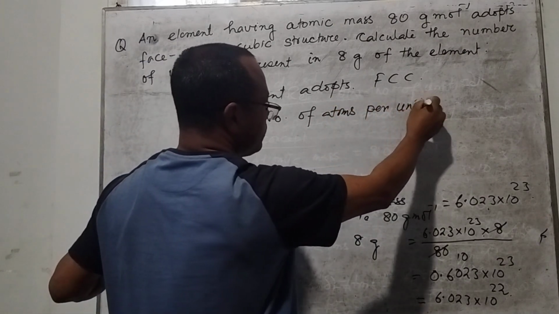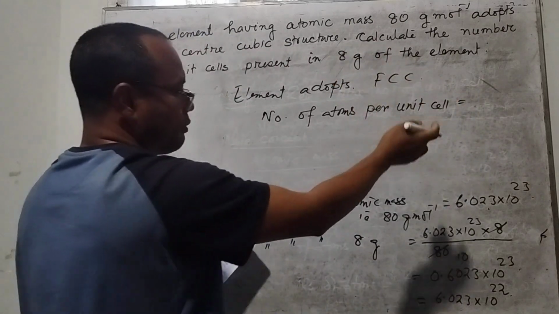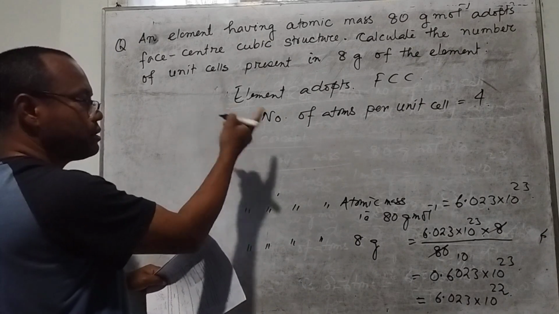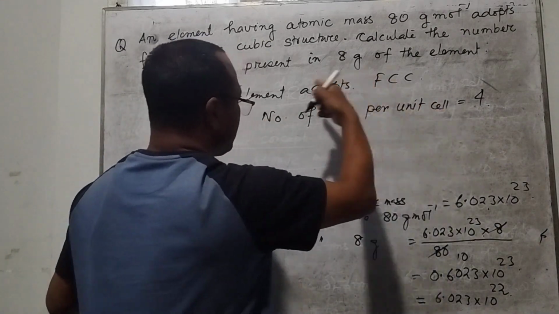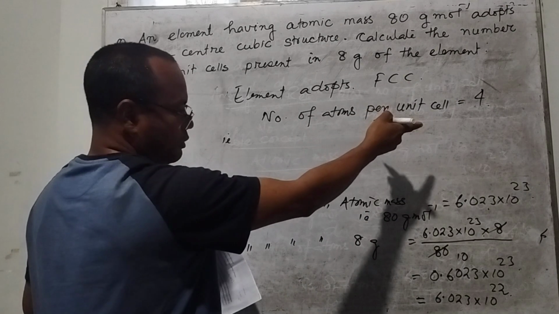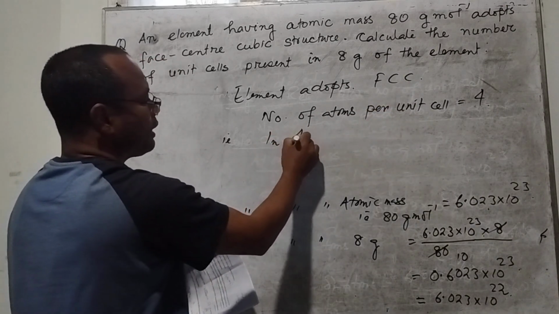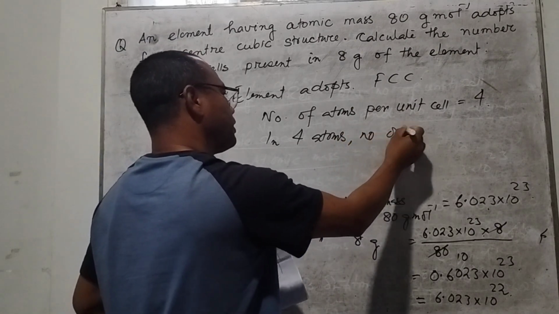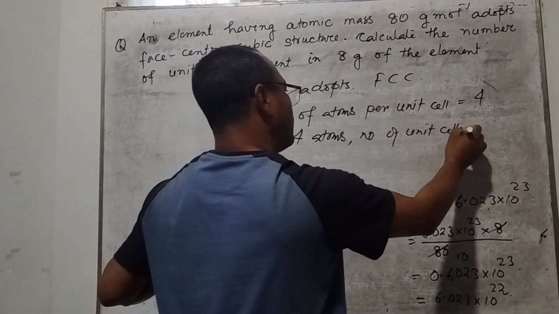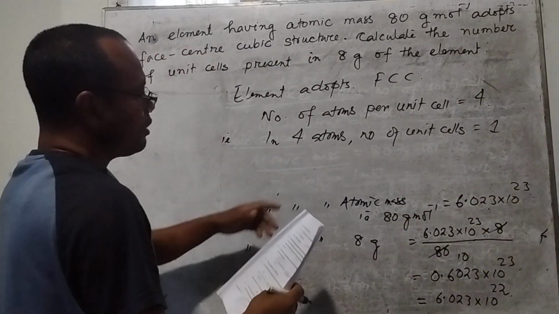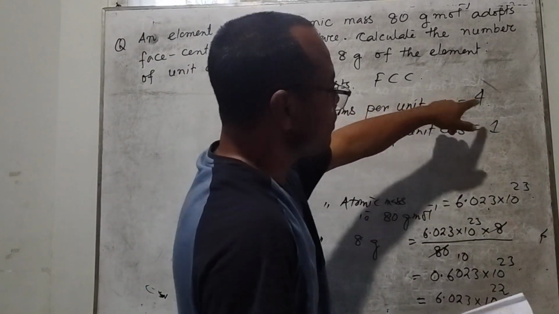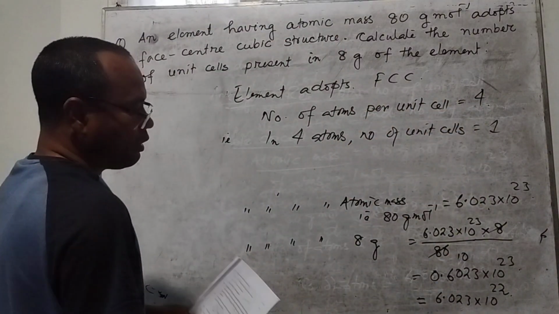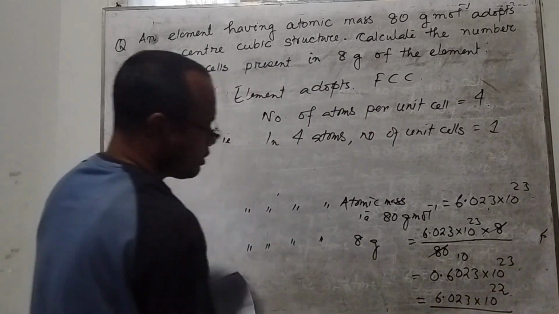That means in one unit cell, how many atoms? We know that is 4. That means in 1 unit cell the number of atoms is 4, so in 4 atoms, how many unit cells? That is 1. Already we know the number of atoms in the given mass.